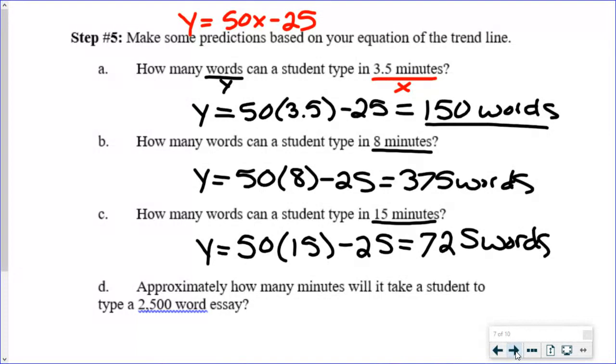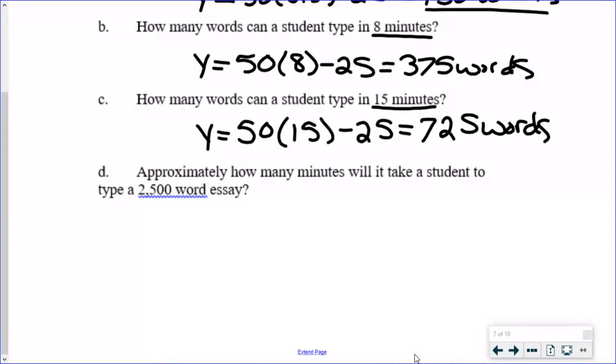Now, this last one is slightly different. Approximately how many minutes? We don't know the minutes, but we know it's 2,500 words. So now my y is 2,500, and I don't know my x. So now I've got to find x.